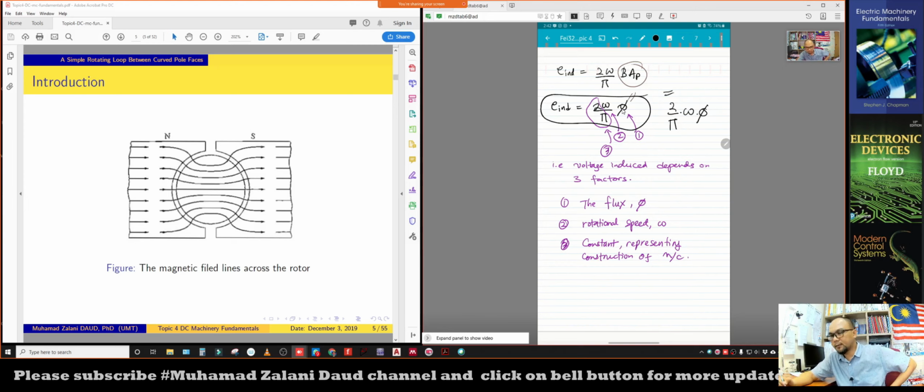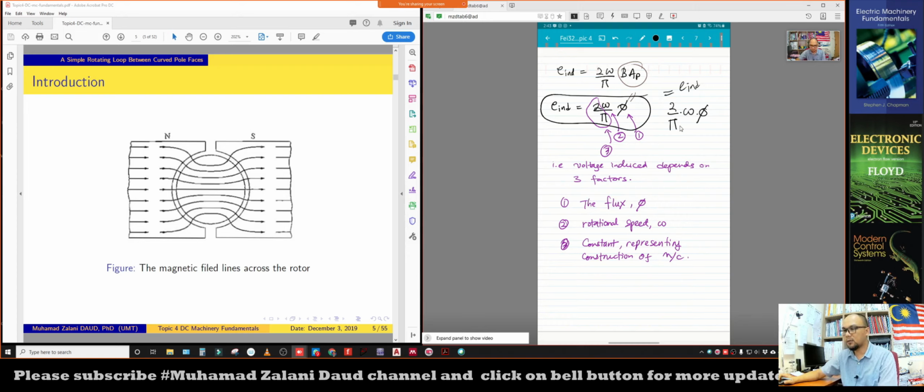From this equation of induced voltage, we can say that the voltage induced across the wire loop of that particular machine depends on 3 factors.